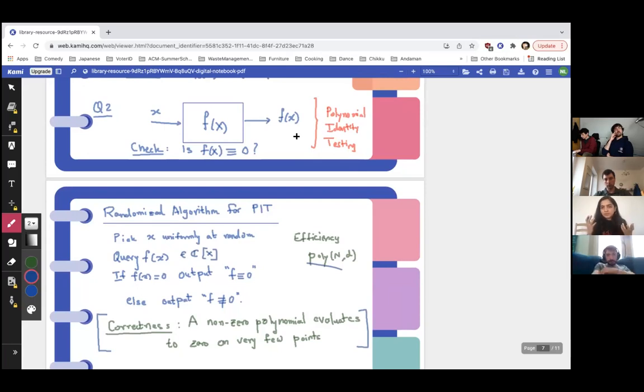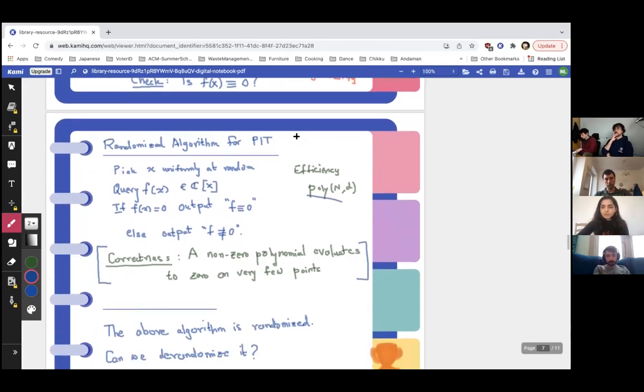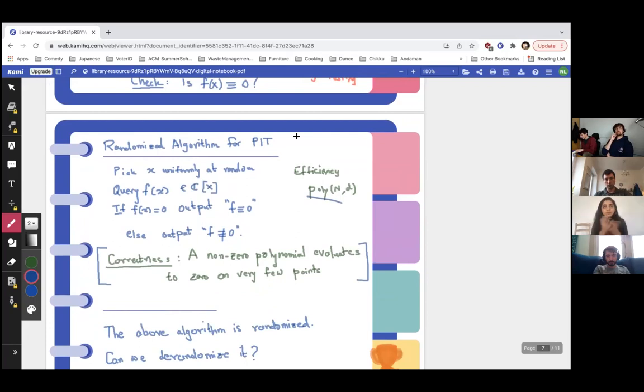In fact, Sipser also mentions that in his basic automata theory book. So a lot of problems of equivalence of different models of computation can be framed as polynomial identity questions by giving every unit operation inside a model a variable, and then writing a polynomial out of it, and then saying that if these two polynomials are equal, then in fact the two models are equal, and things like that.